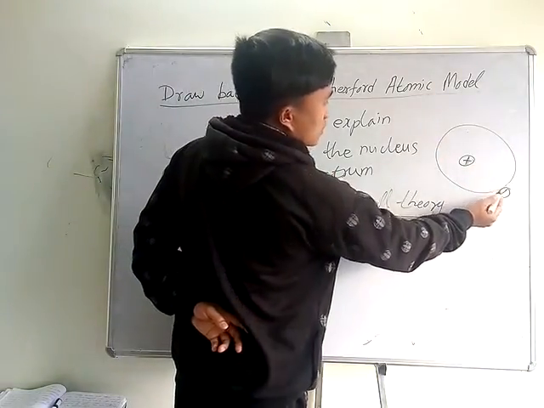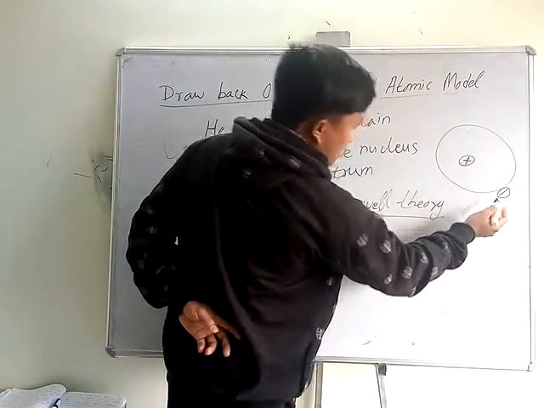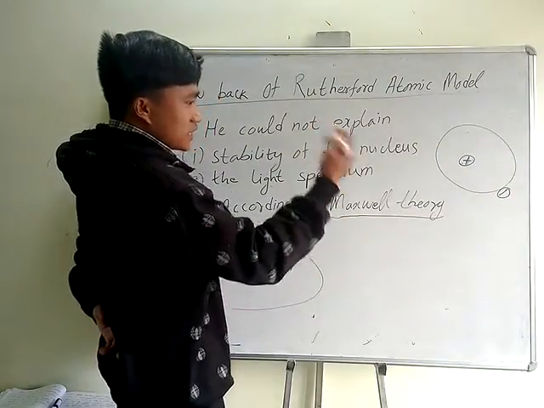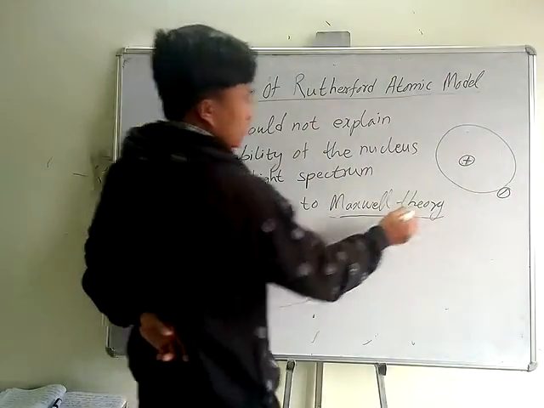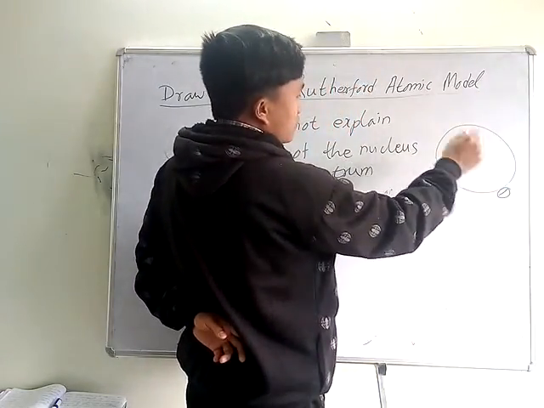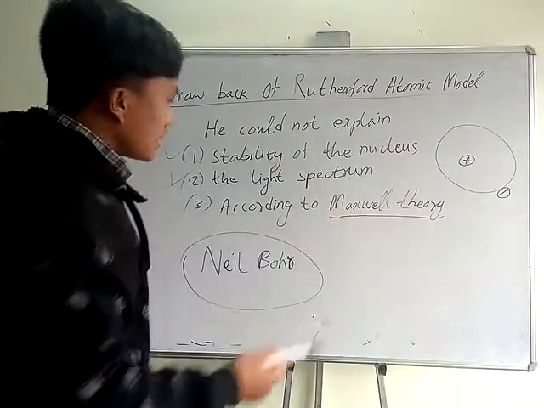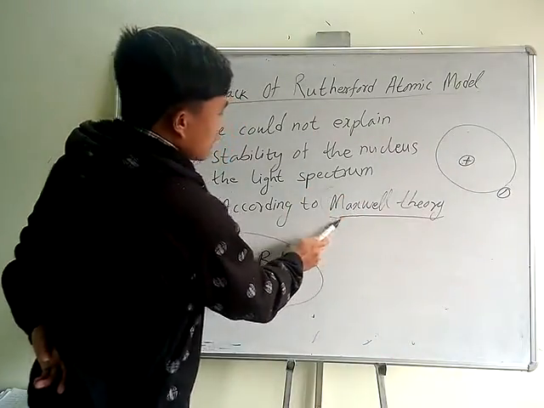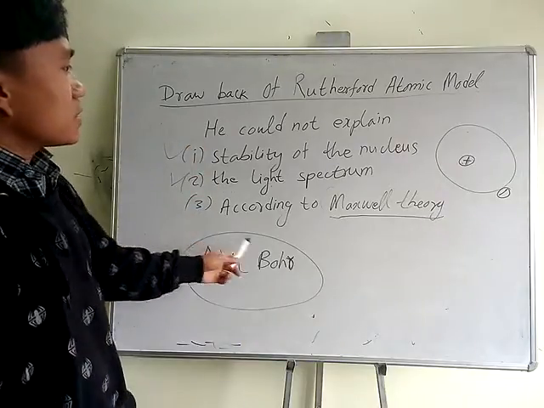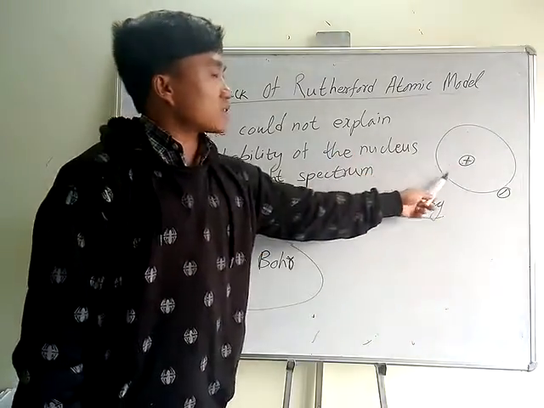It means this will go here or this will come here. They must radiate energy whenever they revolve around each other, according to Maxwell's theory. Therefore, he failed to explain the stability of the nucleus.